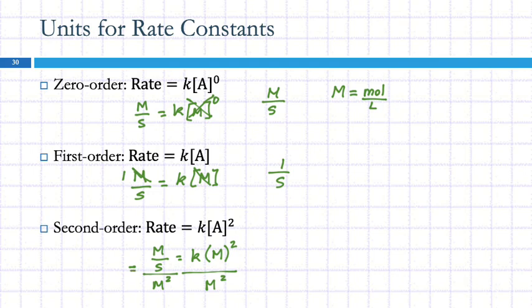This is the same as molarity per second times 1 over molarity squared. So this M cancels one of those M's. And I end up with second and molarity both in the denominator. 1 over molarity second, which could also be written as M to the minus 1, S to the minus 1.